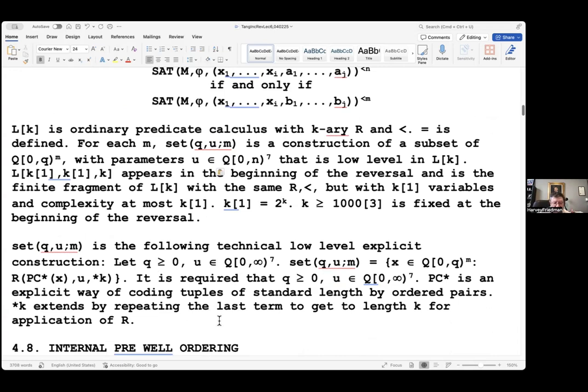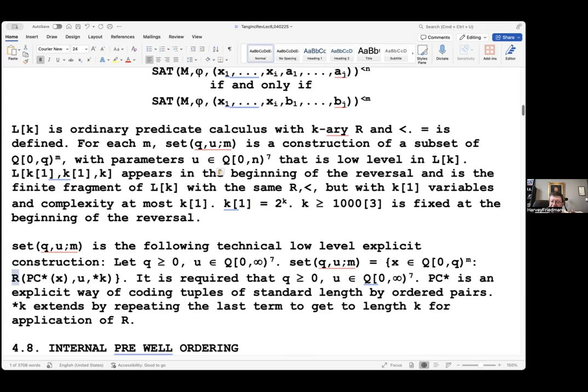Let Q be greater or equal to 0 and U be a 7 tuple. The set is the set of all X, just to give you an idea of how explicit this is without getting a lot of details. It's the set of all X such that R, the atomic relation, holds of pair code star X, comma U star K. It's required that Q be greater than or equal to 0 and U be a 7 tuple. PC star is an explicit way of coding tuples of standard length by ordered pairs.